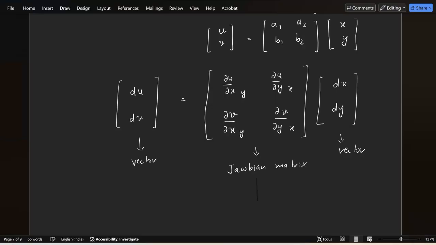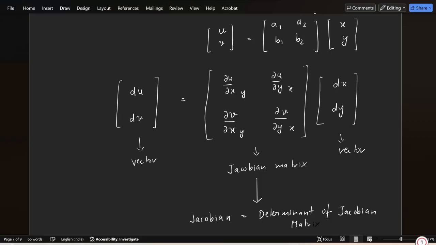When you take the determinant of it, the Jacobian is basically the determinant of the Jacobian matrix.